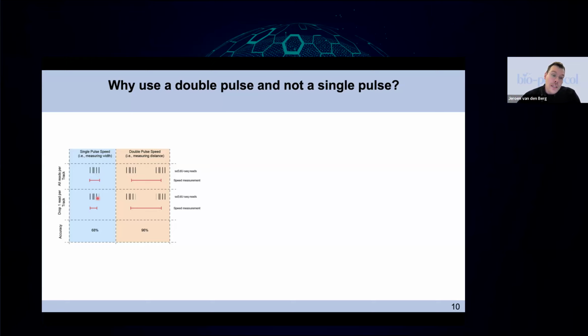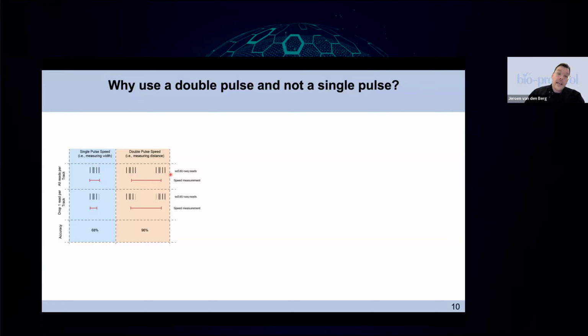However, if you miss one read because you haven't sequenced deep enough, or there's some problem with the experiment and you haven't extracted all the information you needed, you can lose one read. And if this read were at the edge of the replication fork, which is the worst case scenario, then you would say that this speed is a little bit more than 30% lower than it would be in reality.